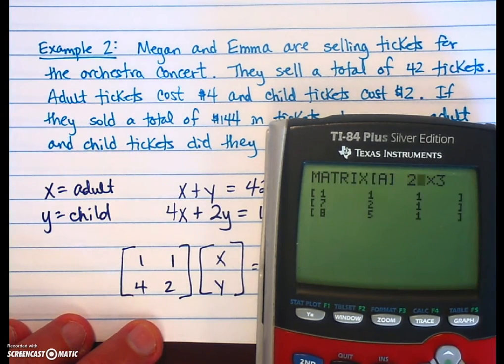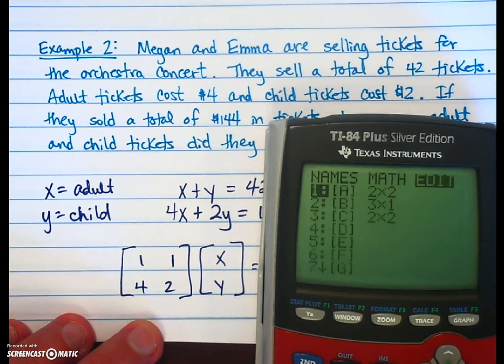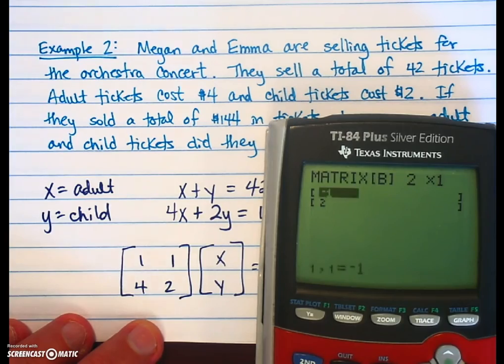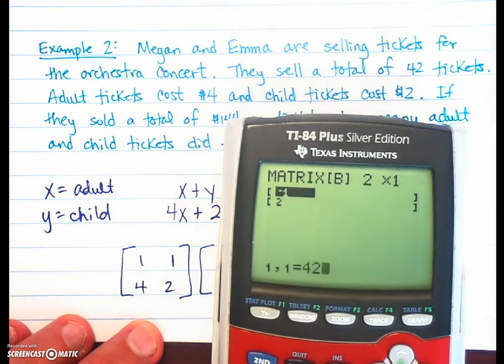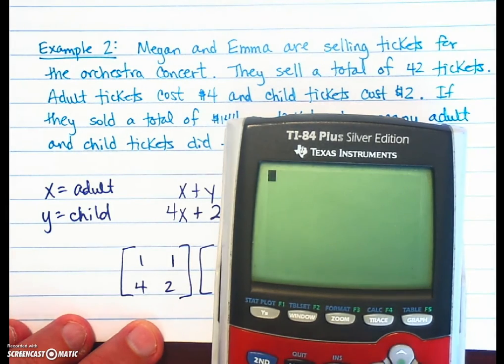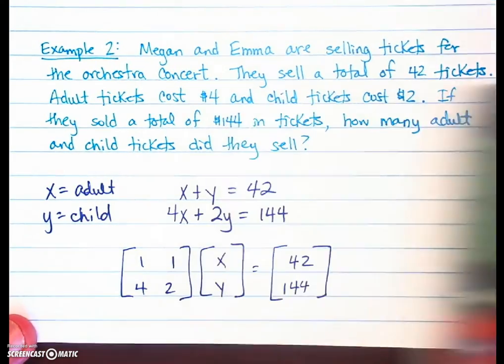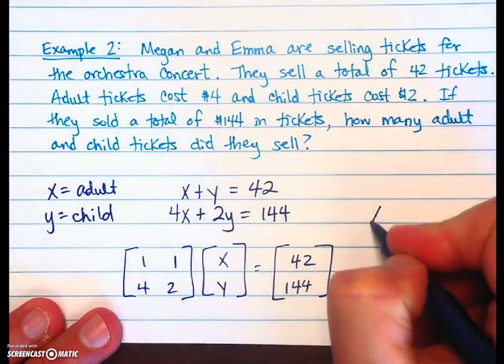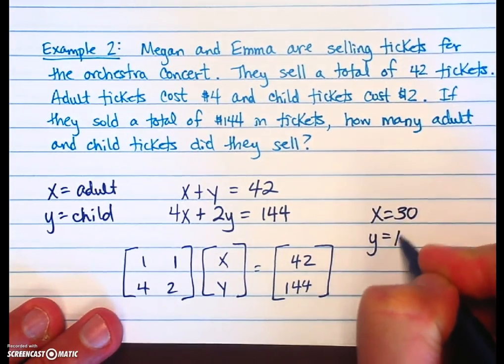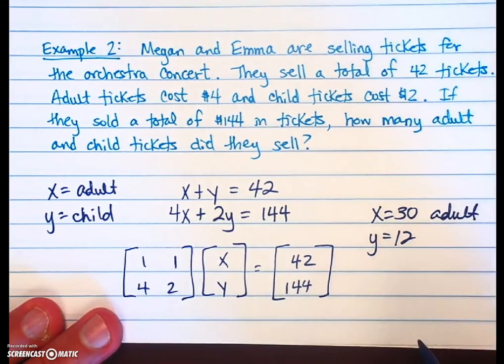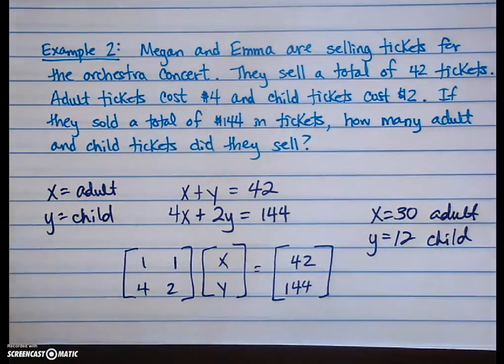But let's put in matrix A, so 1, 1, 4, 2, and then let's put in matrix B, which is 42 and 144. And then remember, when we solve, we go matrix A inverse times matrix B. And that tells me that I sold 30 adult tickets and 12 child tickets. So we end up with x is 30, y is 12. So 30 adult tickets were sold and 12 child tickets were sold to the orchestra concert.